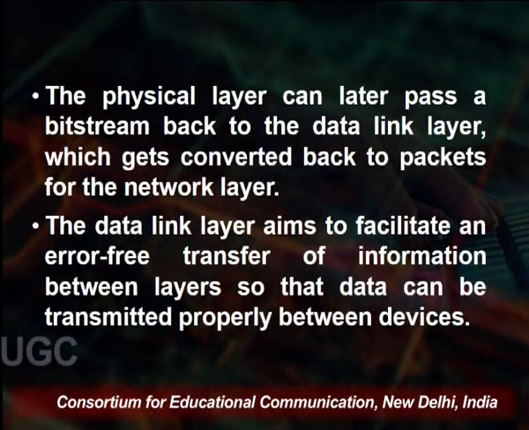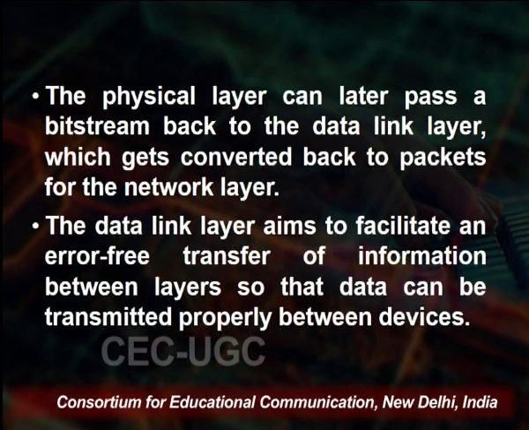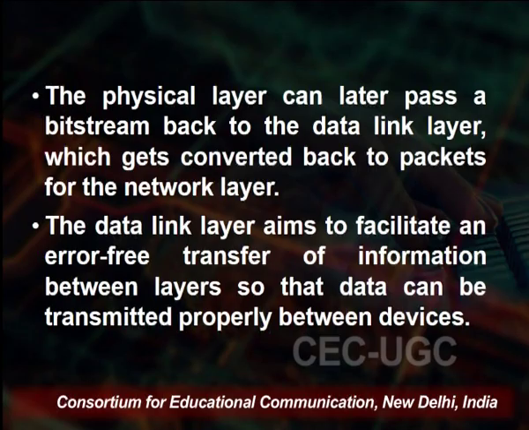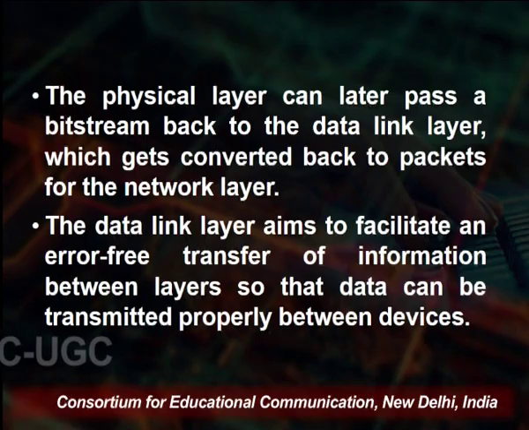After that, it transfers the whole data onto the physical layer. The physical layer can later pass a bit stream back to the data link layer on the receiving end, which gets converted back to the packet for the network layer and then transferred to the top.